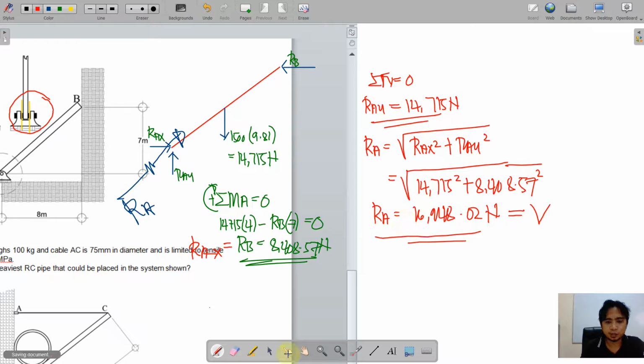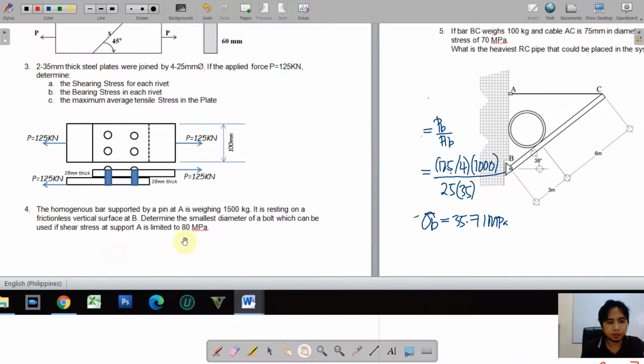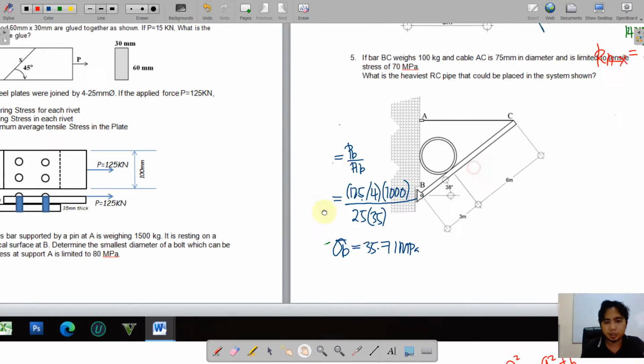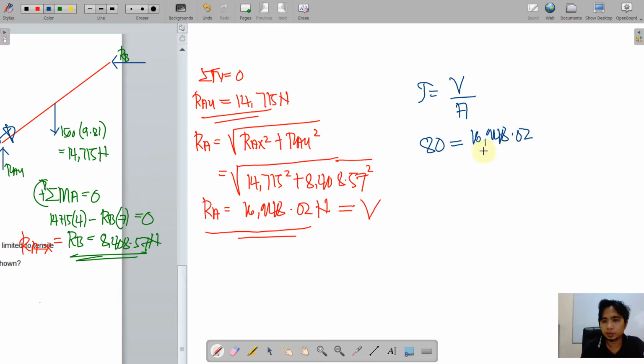So our task is to determine the bolt if we have a limit of 80 megapascals. Okay, going back to the formula. Okay, the tau is equal to V all over A. So we limit it to 80 and we just substitute the computed shear, 16,948.02, and then the area is the area of the bolt.